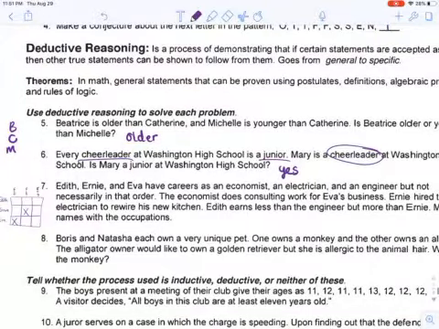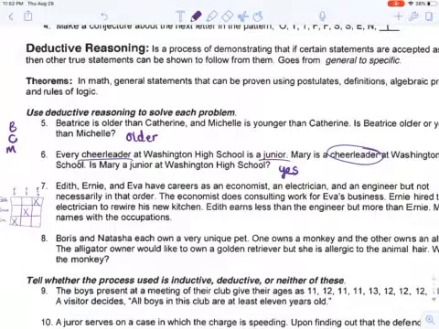The last bit of information is Edith earns less than the engineer. So Edith is not the engineer, but more than Ernie. So she earns more than Ernie, but they both earn less than the engineer.